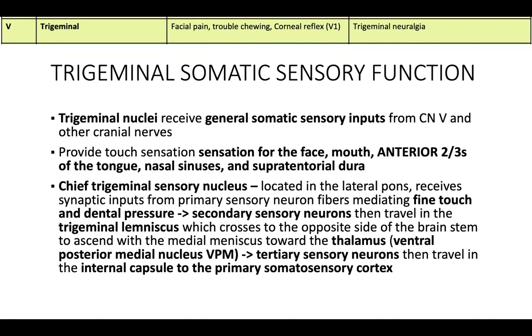I don't know. Okay, trigeminal nerve. Cranial nerve 5 receives general somatic inputs and provides sensation for the face and the anterior 2/3 of the tongue.